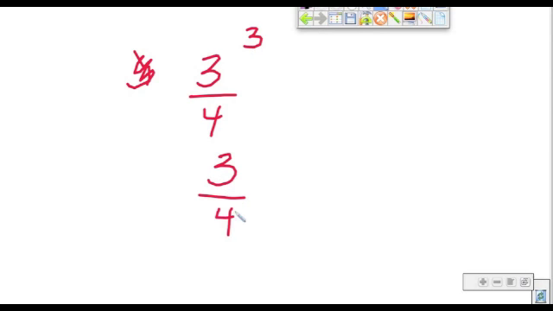Here we go. Let's try 3/4 raised to the third power. 3/4 times 3/4 times 3/4.